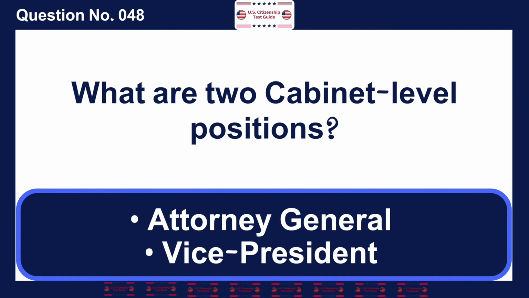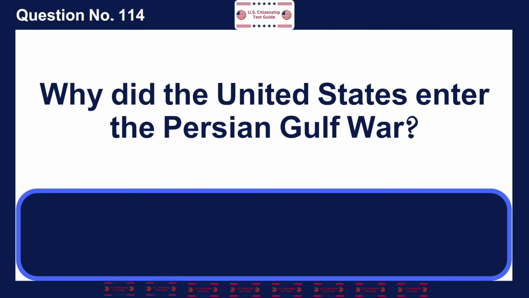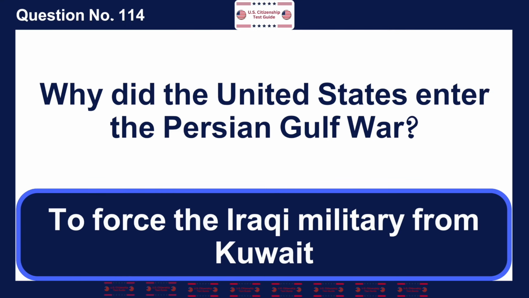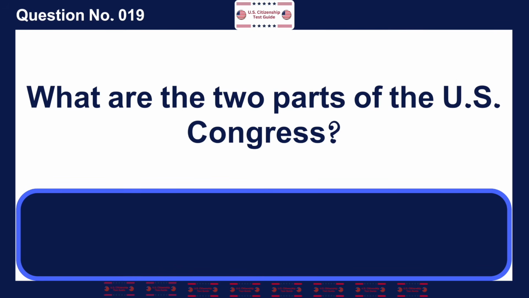Vice President. Why did the United States enter the Persian Gulf War? To force the Iraqi military from Kuwait. What are the two parts of the U.S. Congress?